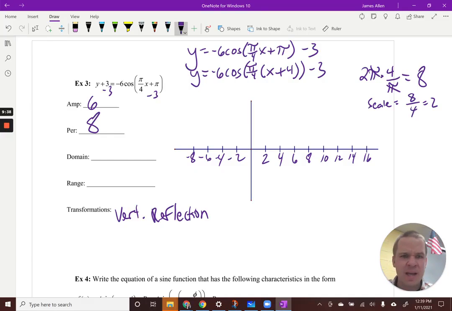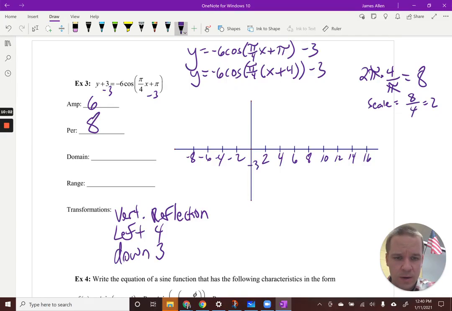All righty. Anything else we need? Well, let's see here. That +4, that means we're going to the left 4, and we're going down 3. And we have an amplitude of 6. So we got some scaling to do on the y-axis there. We'll go ahead and do that now. I'm thinking going by 3s might be useful.